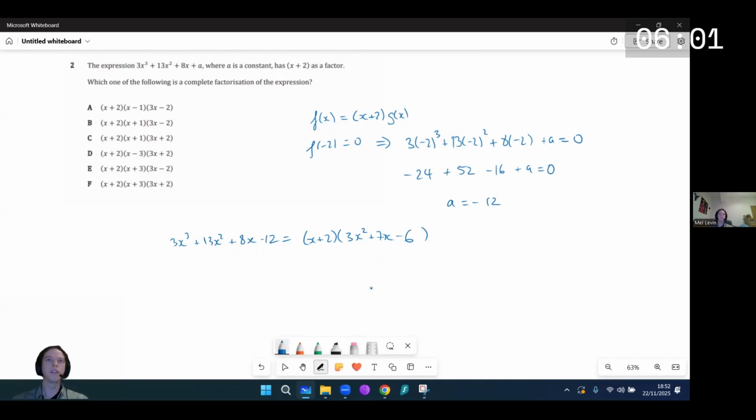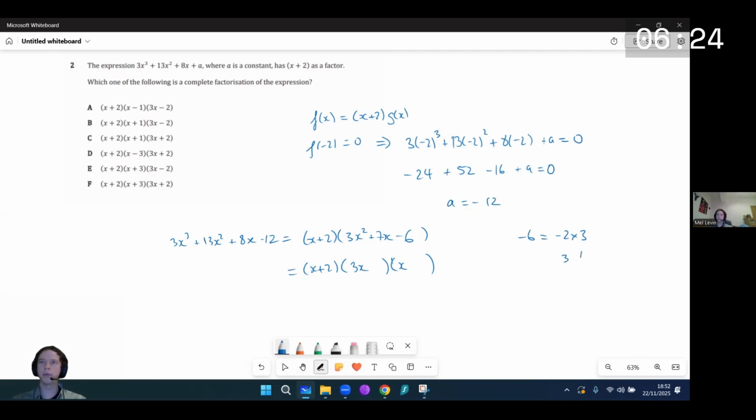Okay, great. And so finally, we just need to factorize this one, which has to factorize to a 3x and an x. This minus 6 is minus 2 times 3. That's likely to work.